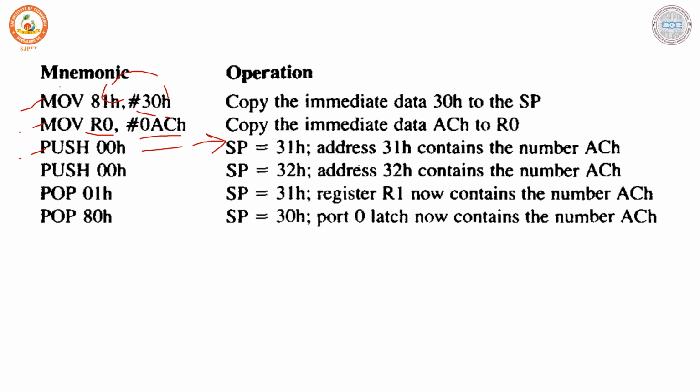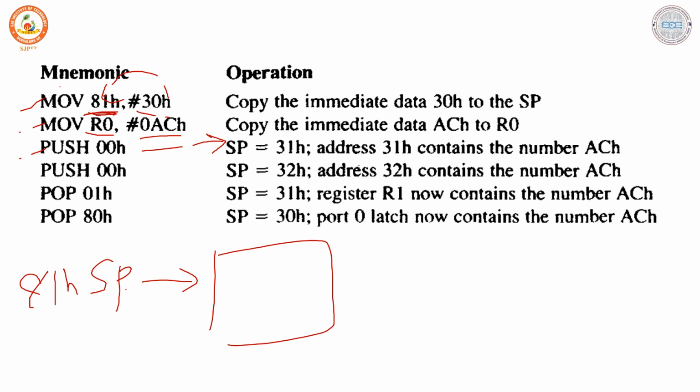Now the stack pointer will point to 31H, because the stack pointer will have the immediate data. 81 is the address location of the stack pointer, stack pointer address location is 81H. By default you are giving an immediate data of 30, and now it will increment it to 31.